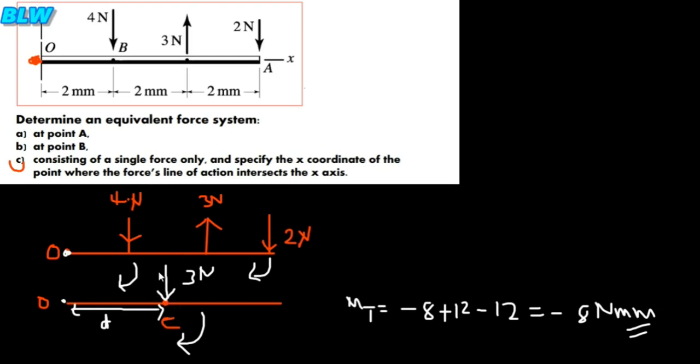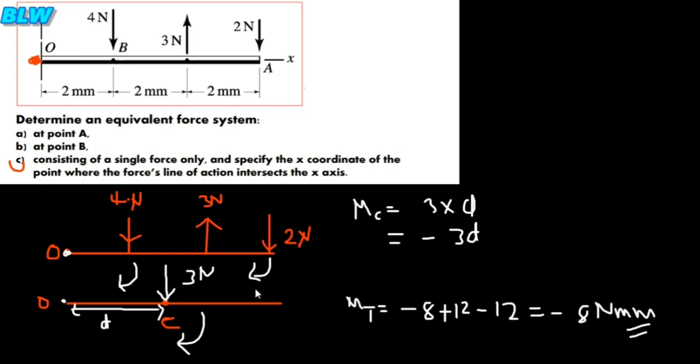You know, moment is the force times the perpendicular distance, but I don't know this perpendicular distance here. So I can write my moment of C to be equal to 3 times D. And since it is clockwise, it will be negative, so it will be -3D.